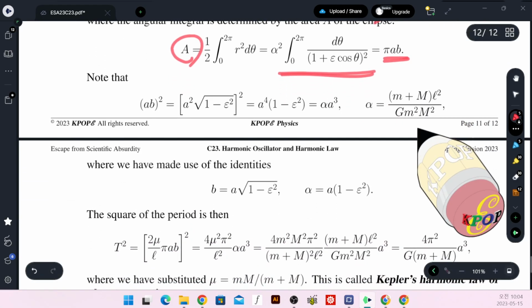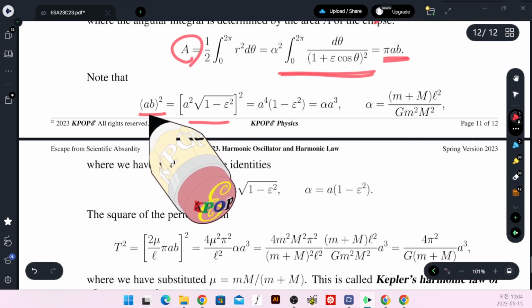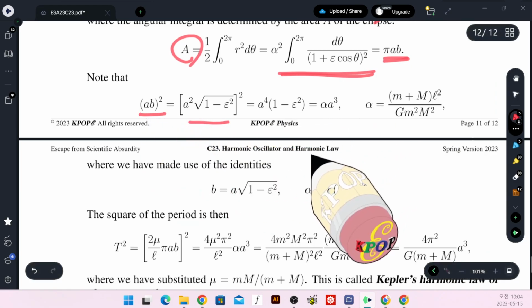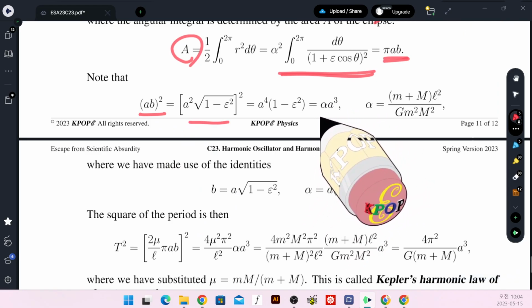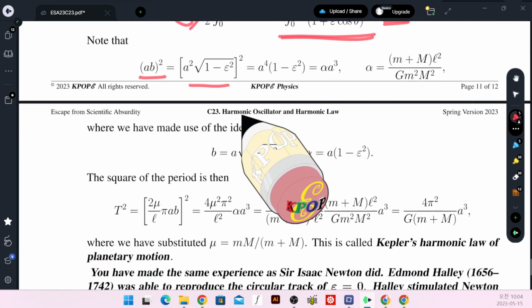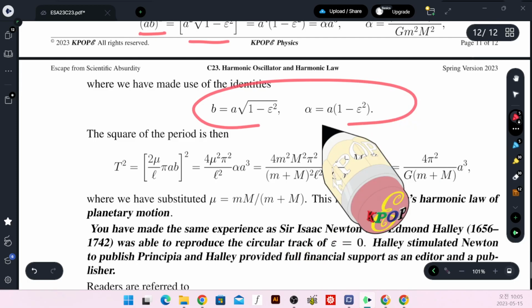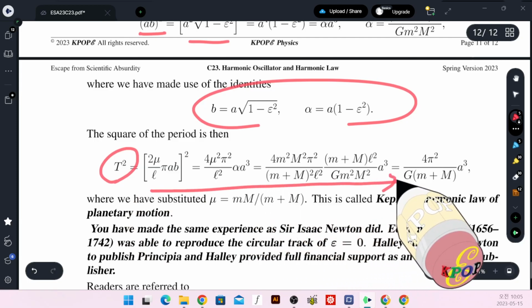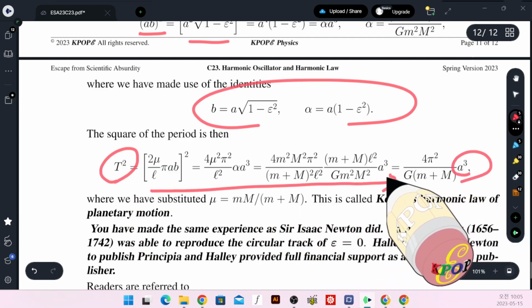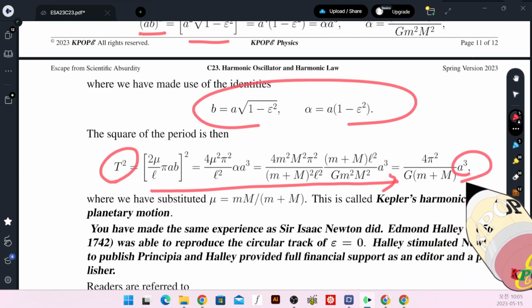Anyway, note that the area can be expressed in terms of different parameters, including the semi-latus rectum and eccentricity, and so on. Finally, because of these relations, we find that the period squared is expressed as a constant multiplied by the cube of the semi-major axis.